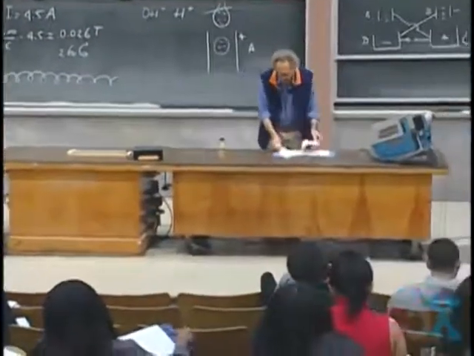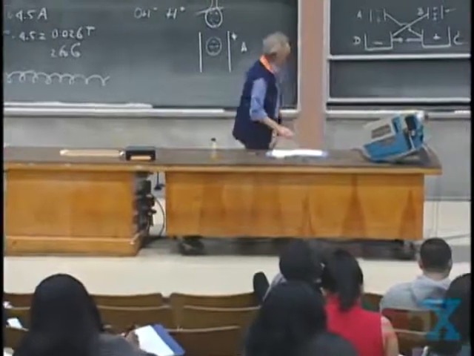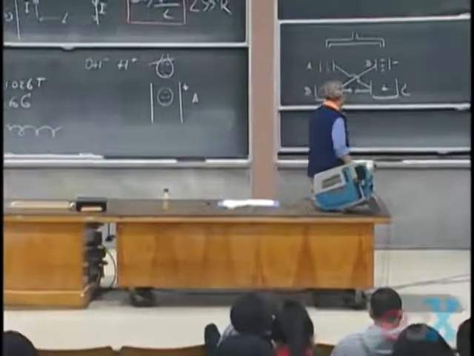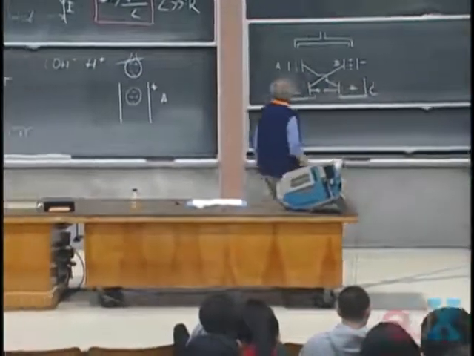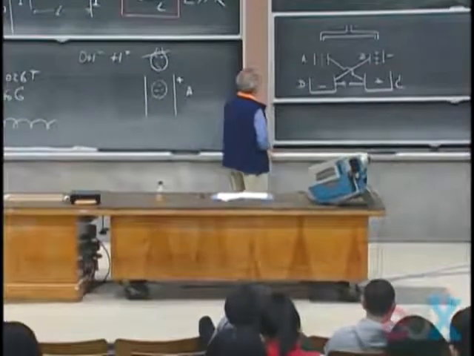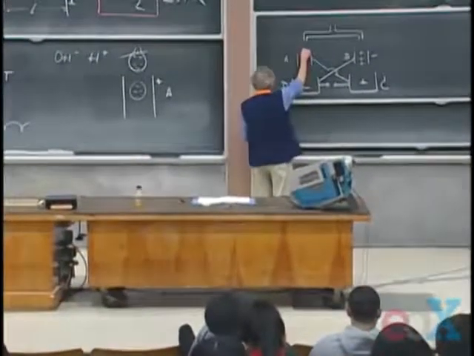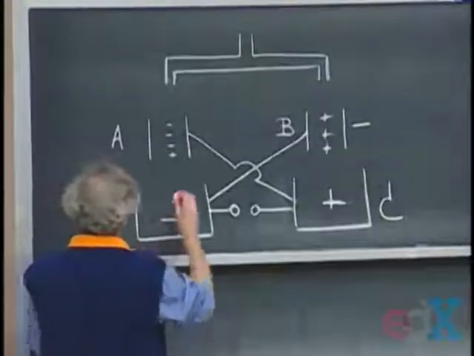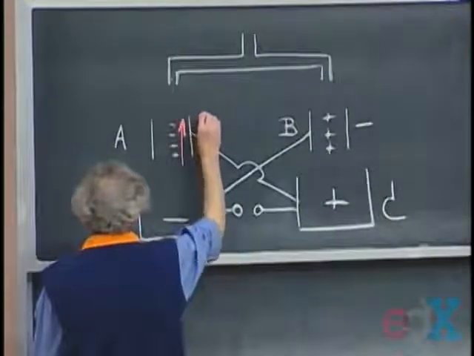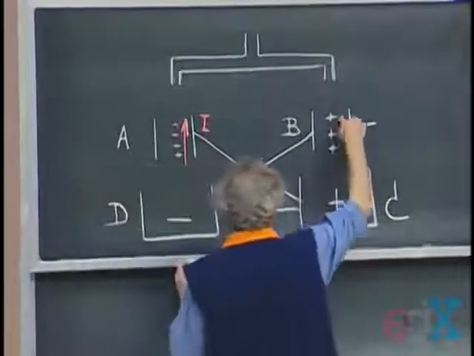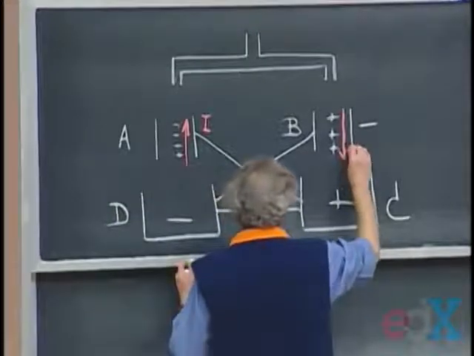We can see that very easily by identifying the current that is flowing and the electric field. How is the current flowing? If negative charge is going down, would we all agree that the current is going up? If positive charge is going down, do we agree that the current is going down?